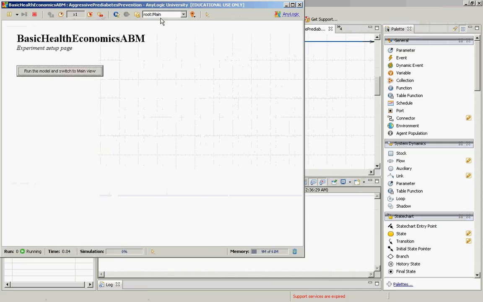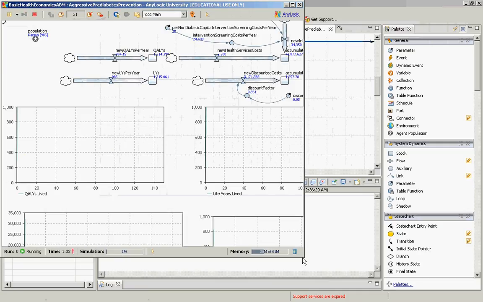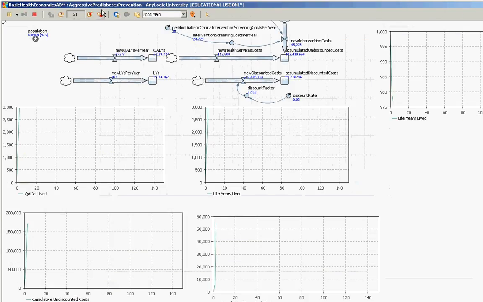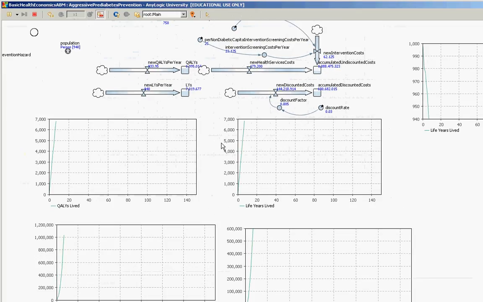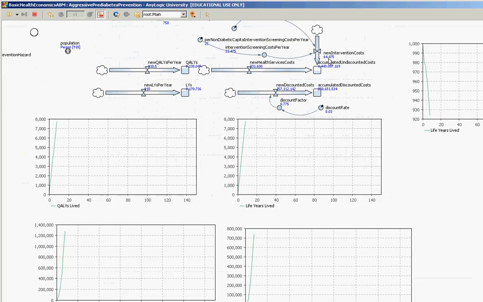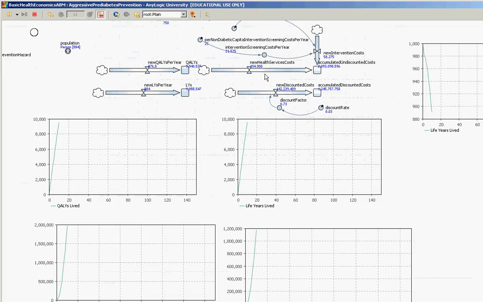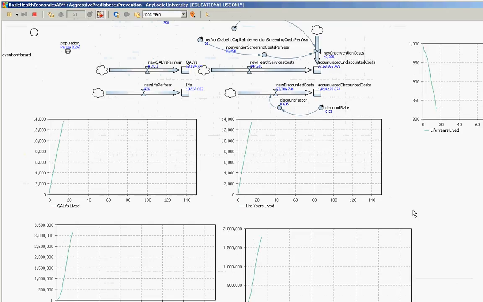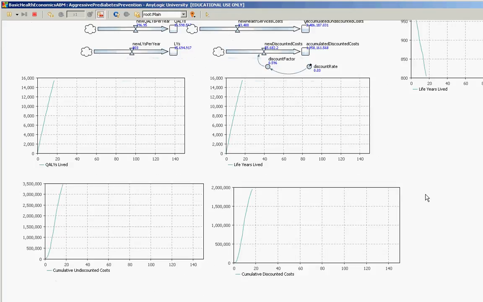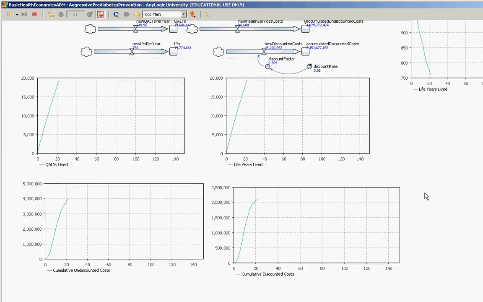But now if we take into account the intervention costs, how are we doing? Now we're having intervention costs on a per year basis, which are accumulating, which can be fairly substantial. They're going down over time as we have fewer and fewer people, but they are quite substantial nonetheless. And we also have these health services costs here that are still accumulating.